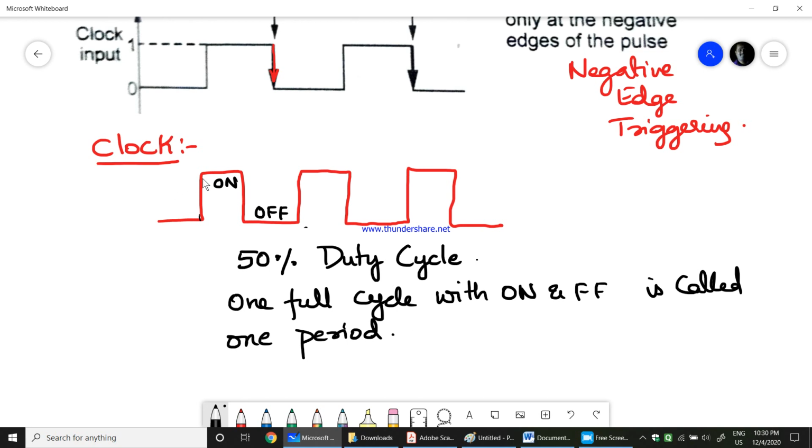During this clock, edge triggering always happens at the edge. Level triggering always happens at the level of each pulse of the clock. I hope you are clear with the triggering and the clock we have discussed now. In my next video, we will start discussion on the clocked SR flip-flop, JK flip-flop, D flip-flop, T flip-flop, and so on.